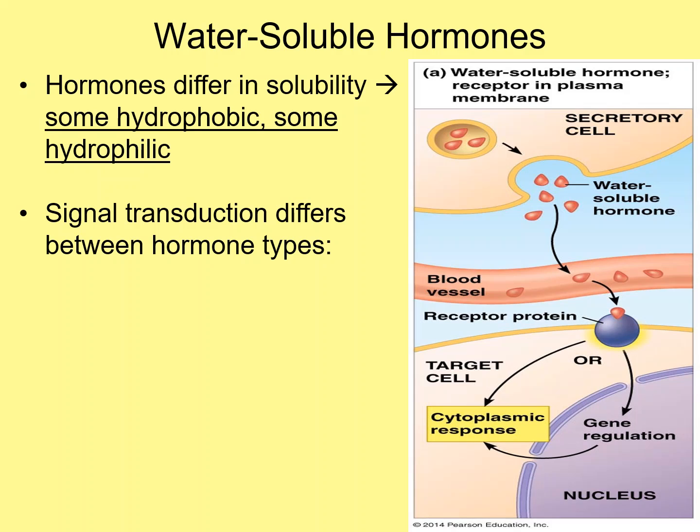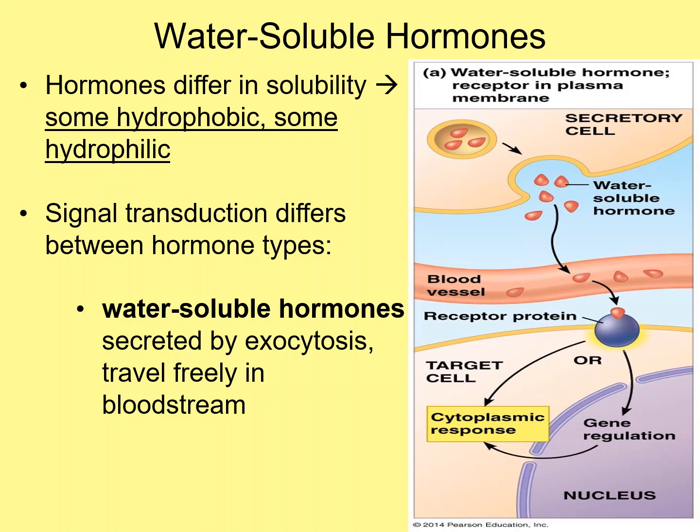And so once they're exported through exocytosis from the cell that made them, they can easily enter the bloodstream and travel anywhere without any help, right? Because again, they're water soluble. The portion of our blood that is water makes it an aqueous environment. So hydrophilic molecules are going to dissolve and run freely throughout our bloodstream. It's not a problem, right?